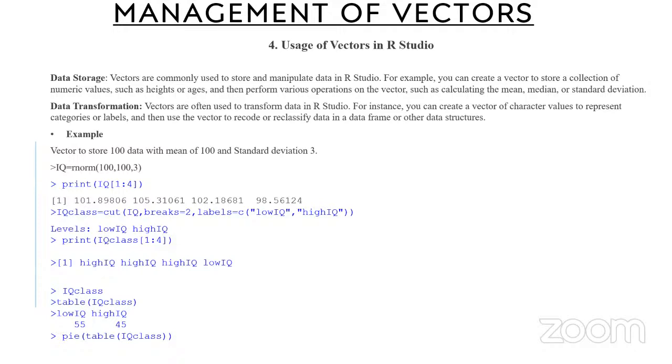So it will generate random numbers where the mean will be 100 and the standard deviation will be 3. This thing is very important when you deal with simulation. If you want to do simulation research, there you can use rnorm. And if you print IQ[1:4], so 4 values are there.